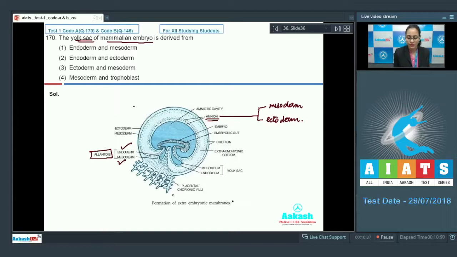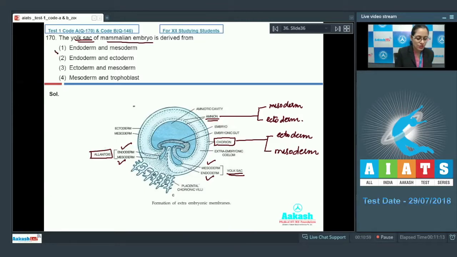The third extra embryonic membrane is chorion, which acts as gas exchanger, and it is internally lined by ectoderm, whereas externally by mesoderm. And the last extra embryonic membrane, that is yolk sac, is derived from mesoderm and endoderm. So the correct answer is option number 1, that is endoderm and mesoderm. So the answer is option number 1.